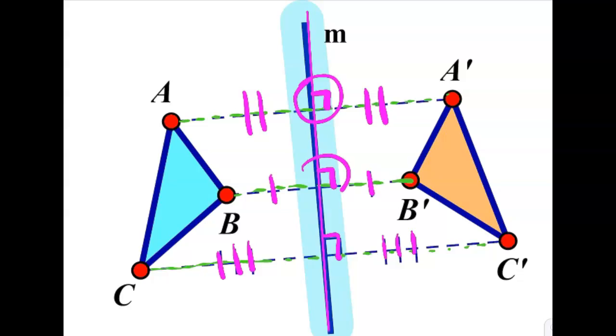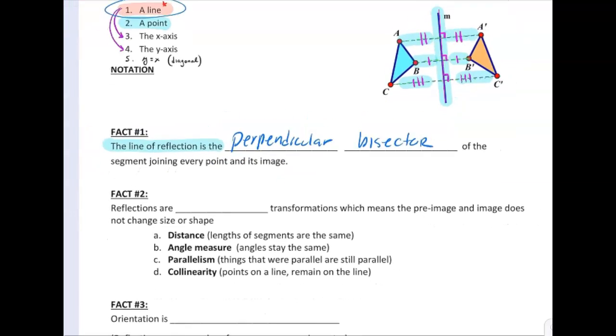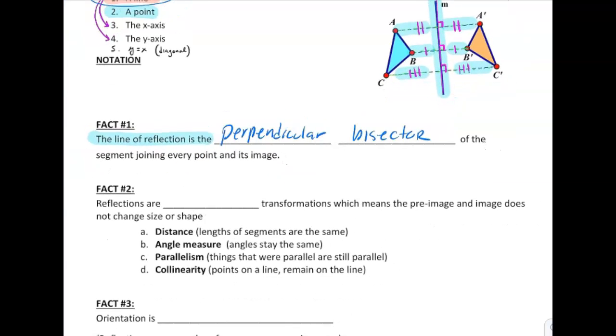It meets every one of those dotted lines at 90 degrees, perpendicular, and it cuts each one exactly in half, bisector. So it's a perpendicular bisector of all the pieces that connect them. That's a big concept that we'll revisit over and over throughout the year.